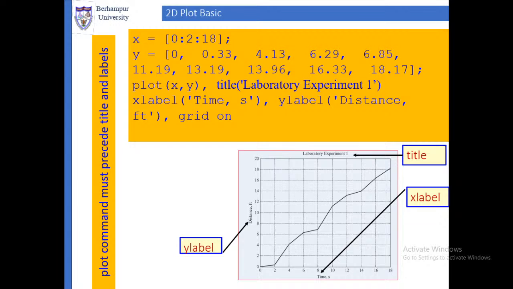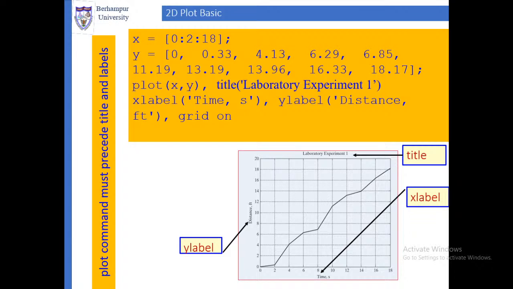So xlabel, then within circular brackets, within single quotes, time comma s. When we are using strings, we always keep them within single quotes. That indicates the label for the x-axis. So the x-axis represents time in seconds, time comma s.